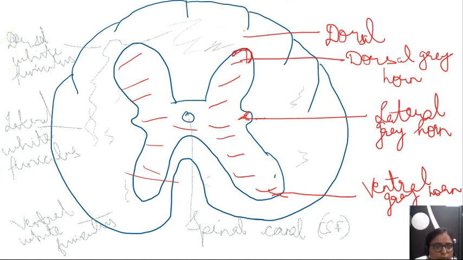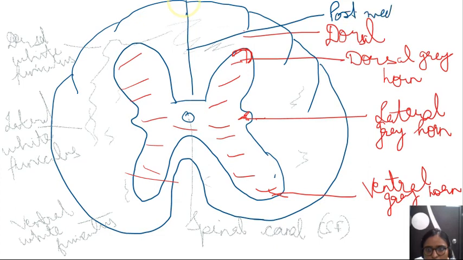And this is on the posterior side and it is in the median, so it is called the posterior median septum because it is dividing.